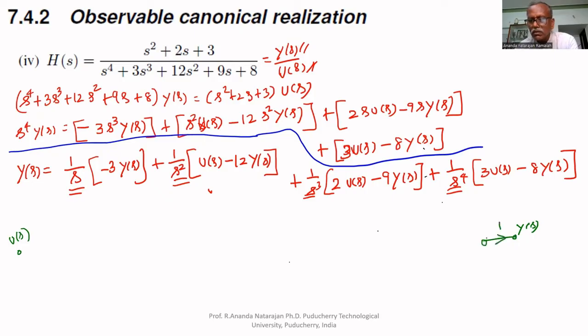One by s. Now another link. We are going to draw the signal flow graph. So another link with unity gain, and we are going to add one more 1 by s.